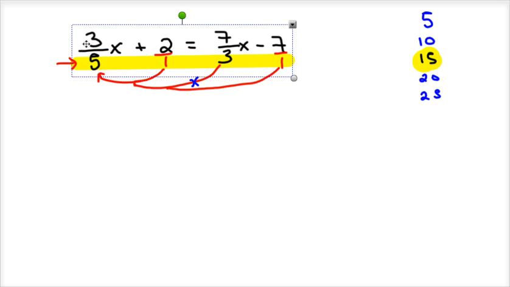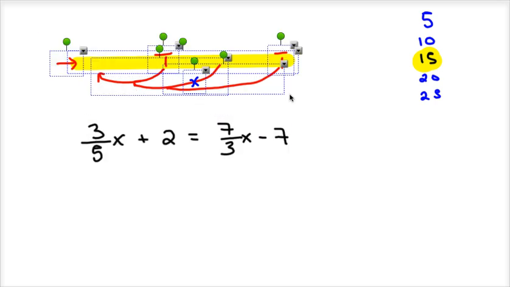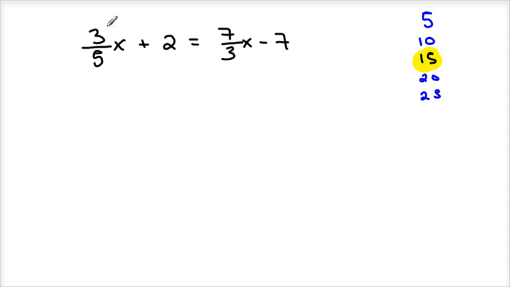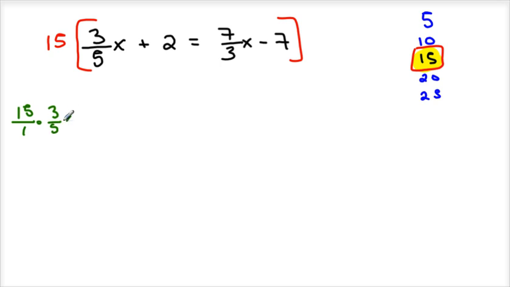So let's clean this up for a second. Now what I'm going to do is multiply each one of these terms by the number 15, which was my common denominator. I'm going to do this one a little bit longer, and I just want to show you how. So I'm going to say, okay, 15 over 1 times 3 over 5x.